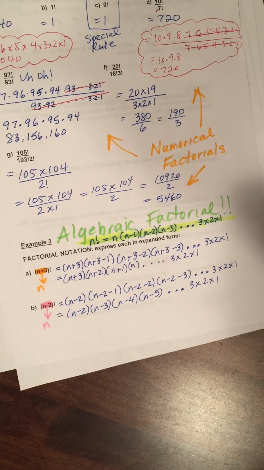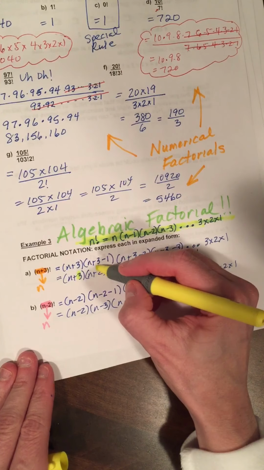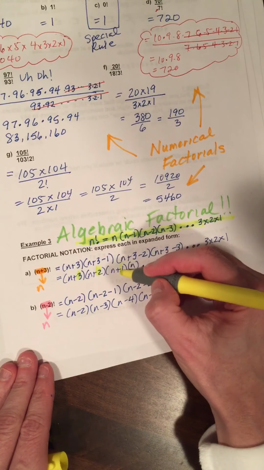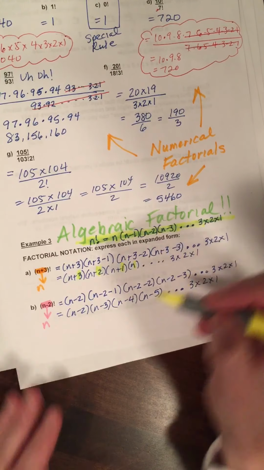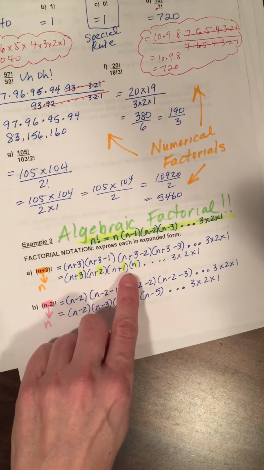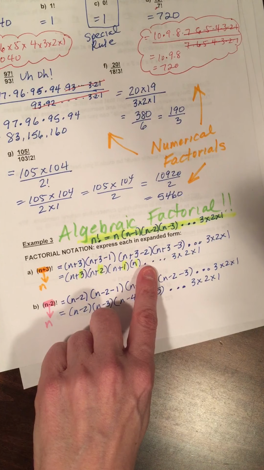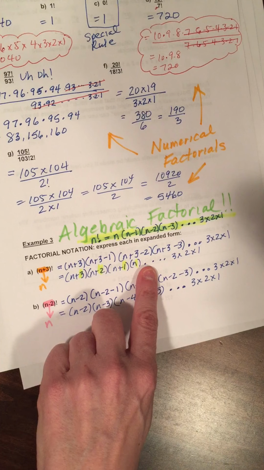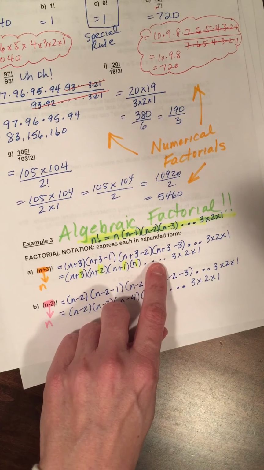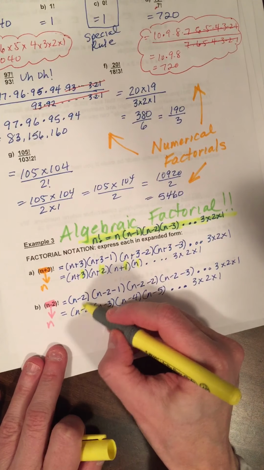Can I get my highlighter out and can you take a look at these numbers in the binomial brackets? 3, 2, 1, nothing. Probably if there was another one sitting there, it would be n minus 1, n minus 2, and so on. Okay.